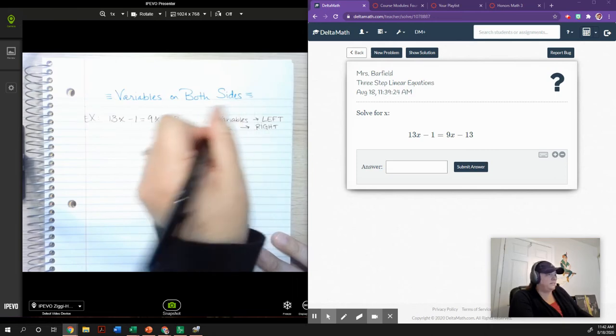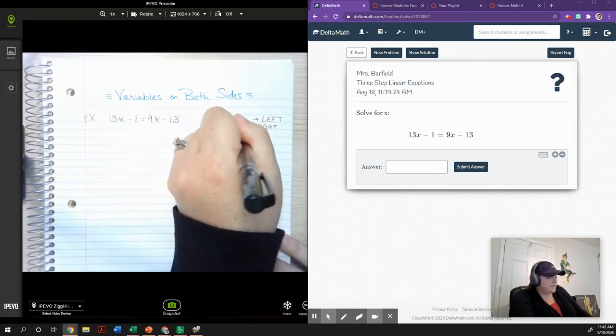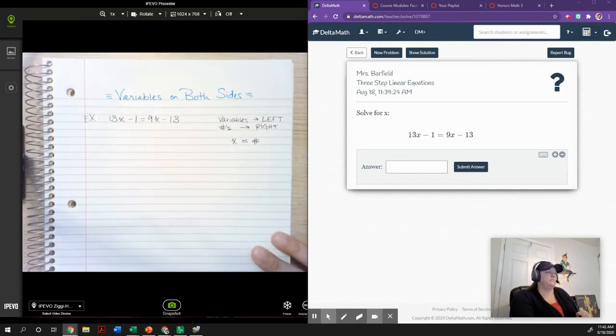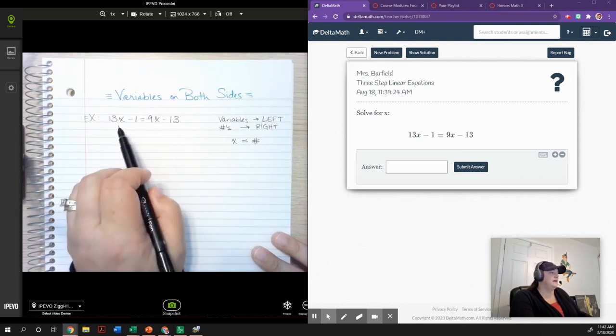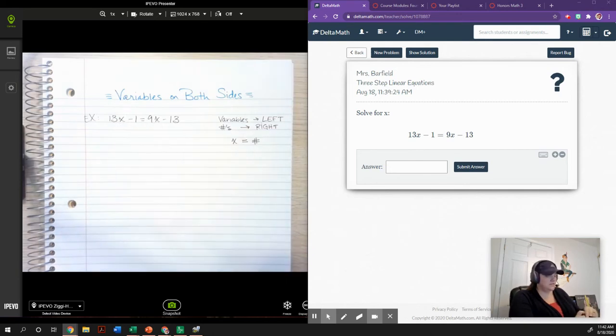So no matter what label, whatever variable you have, I want it to be x equals a number. Since I have a variable on the right-hand side and the left-hand side, I want this variable 9x to go to the other side.